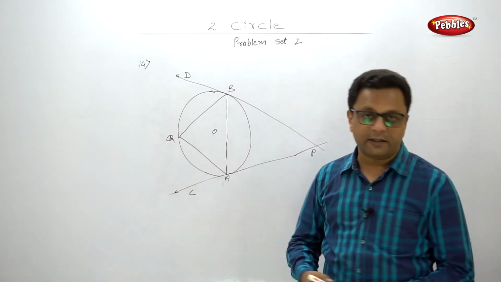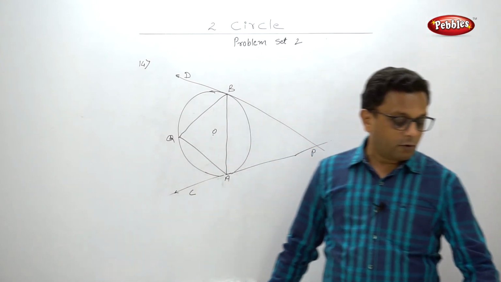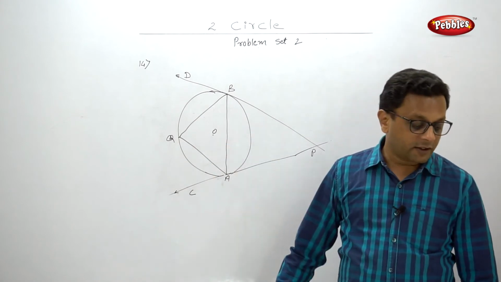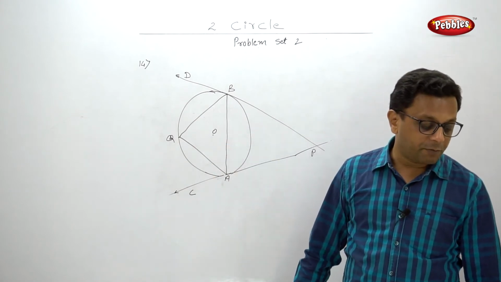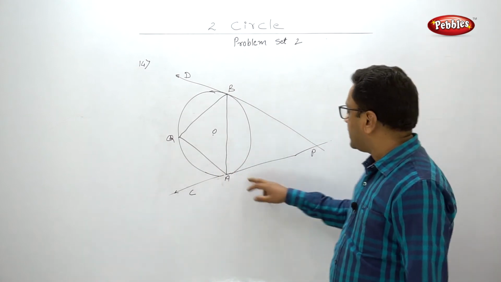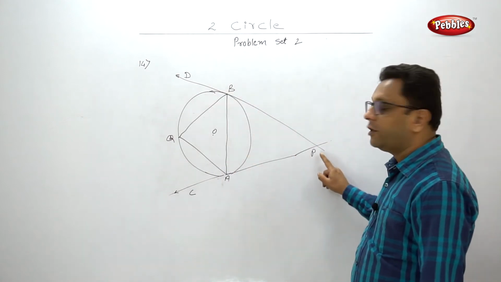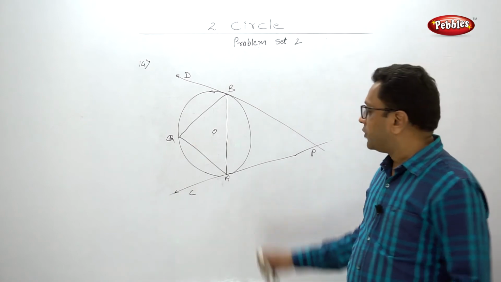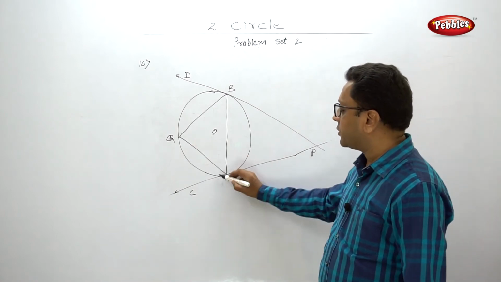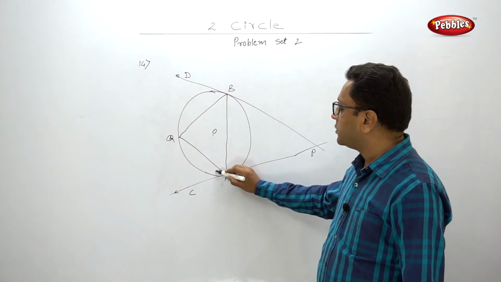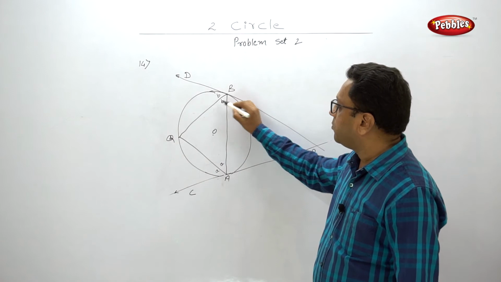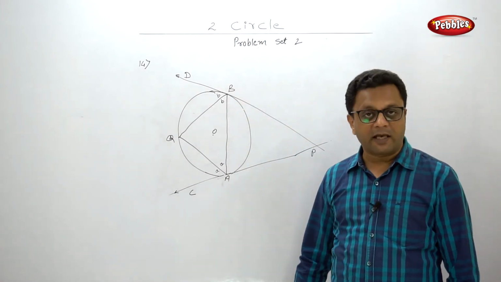The figure is something like this. Let us see what they say. O is the center of the circle. The tangents AC and BD meet at point P. Bisectors of these two angles, these are the angle bisectors, AQ and BQ, these two are the angle bisectors.